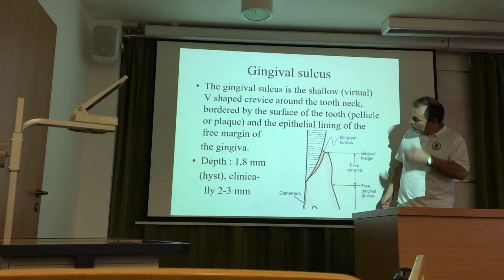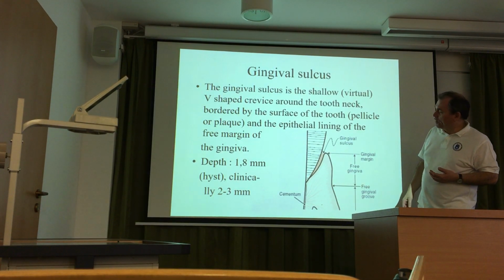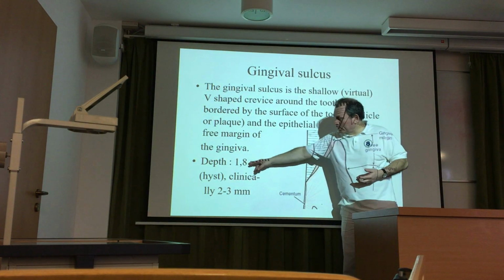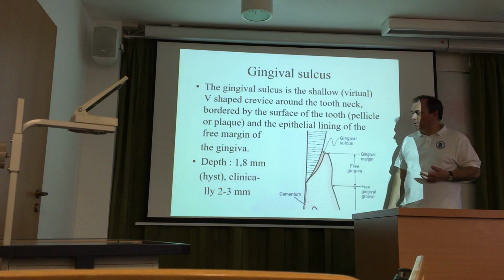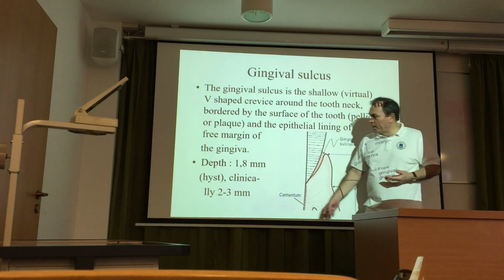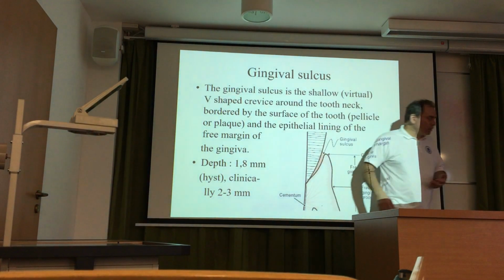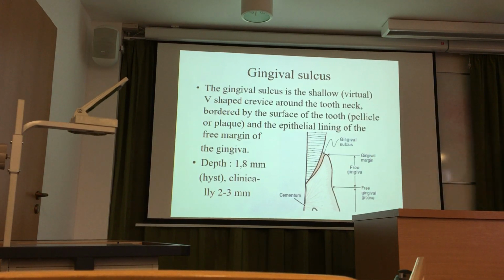the free gingival epithelium, inner epithelium of the free gingiva, and normally it is around 2 millimeters in a healthy situation, but this is a histological finding, but clinically you can measure the sulcus depth.